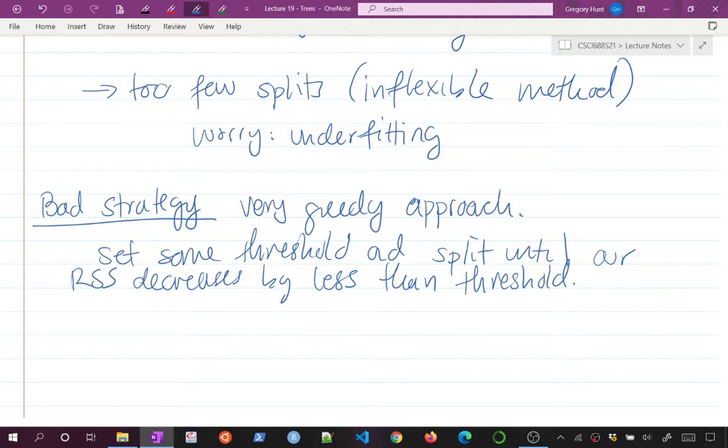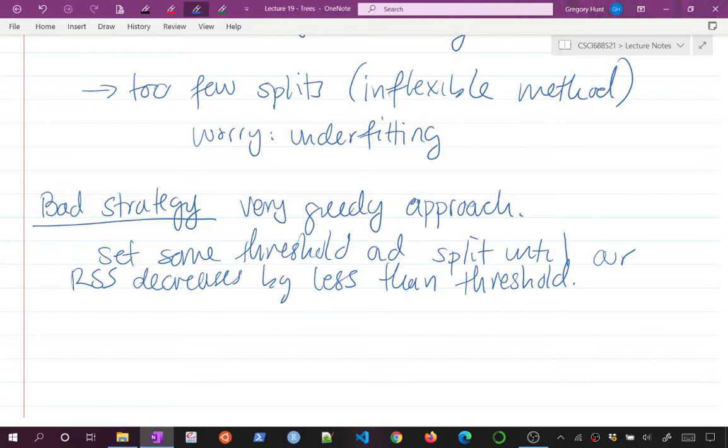But we've seen this in regression. If I increase the number of covariates in my regression, my training RSS has to go down. And same thing, if I increase the number of splits I make, I have an increasingly flexible method in a nested way, and so my training RSS has to go down. So every time you make a split, you're decreasing your training RSS. And you could say, keep going until it hits some threshold.